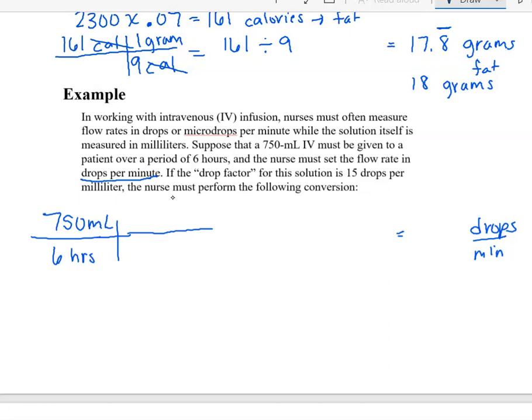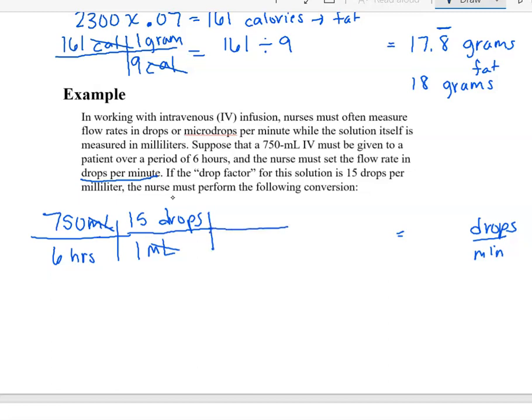Okay, and what I know is that we're going to do 15 drops per milliliter. That would make my milliliters cancel out because my answer doesn't have anything to do with milliliters, but it does have to do with drops, so I don't want to get rid of that.